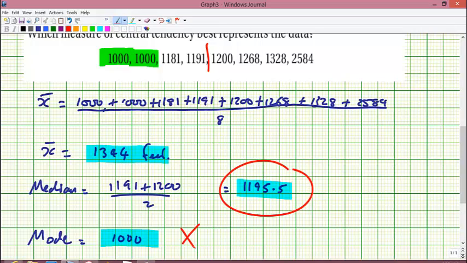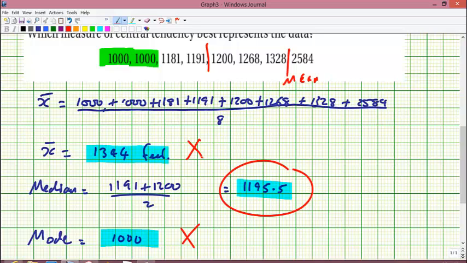So if you were to say the average height is 1,000 feet, that's quite clearly not true at all. And if you were to look and see where the mean falls on the spectrum, the mean is somewhere here, which is quite a long way away from the rest of the data. So again, I would say that the mean is not a good representative, but the median itself is probably the best. Quite often this is the case, but not necessarily always.